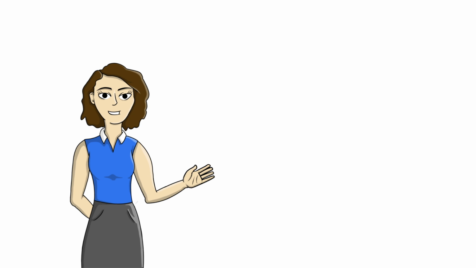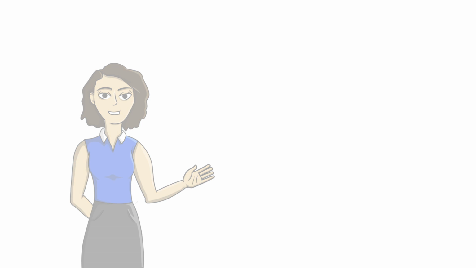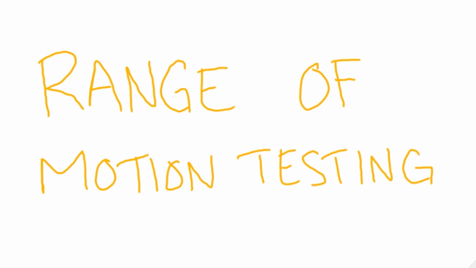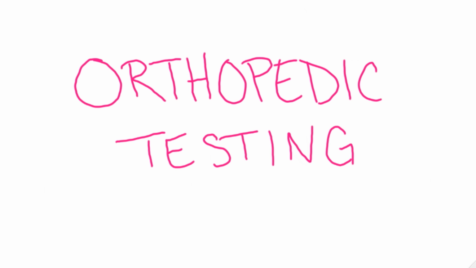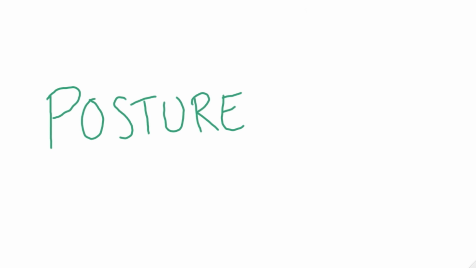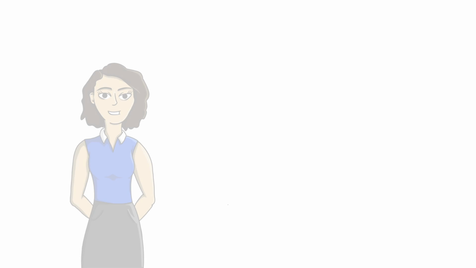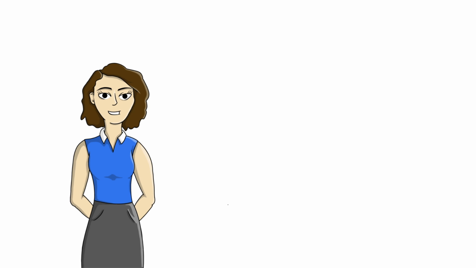The assessment process typically consists of 3 parts: postural or gait analysis, range of motion testing, and orthopedic testing. During postural or gait analysis, the client will either be standing in front of the RMT while the RMT observes natural resting position, or the client will be walking up and down a hallway or space while the RMT observes natural walking position.